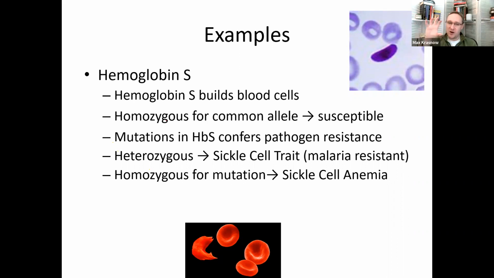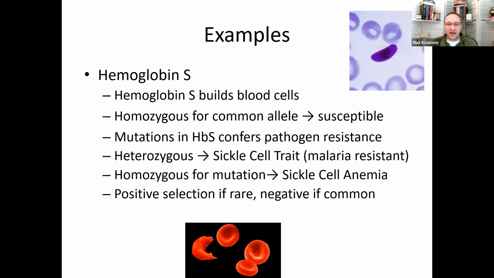This is the case where normally your red blood cells are round. If you have sickle cell anemia, they make these sickle shapes that cause them to be much more likely to form clots and cause problems in your circulatory system. So what's the selection pattern for the mutation?